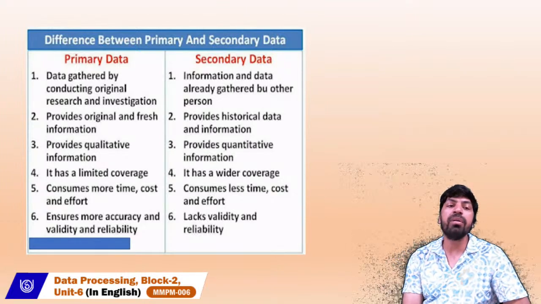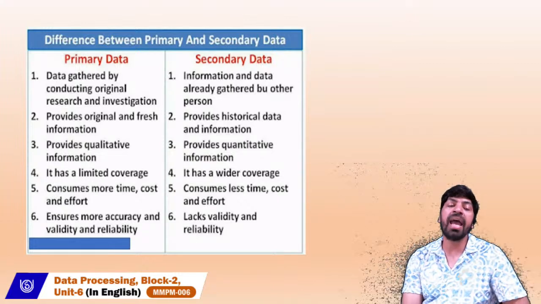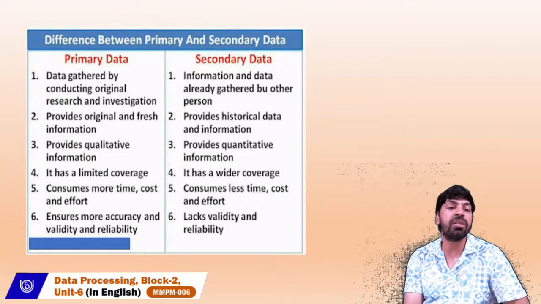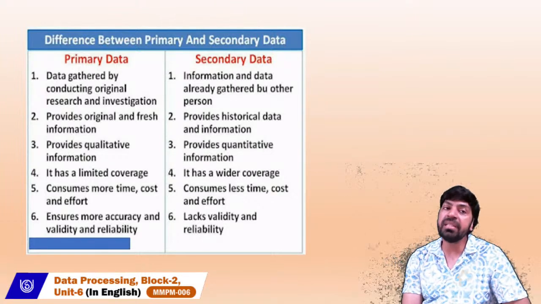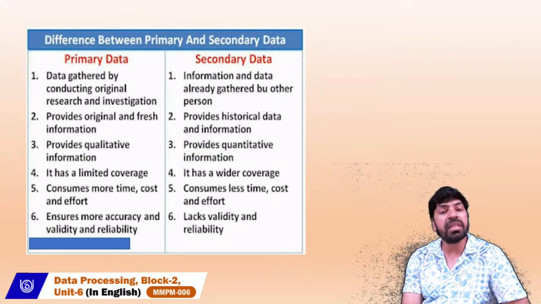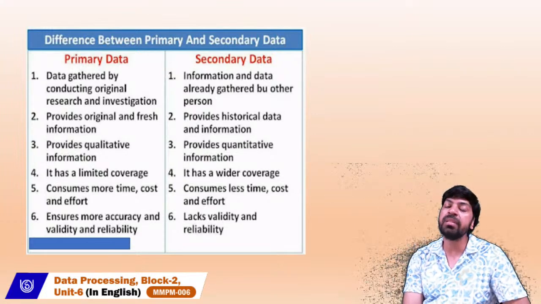In terms of the type of information, qualitative information comes under primary data, but quantitative information comes under secondary data.